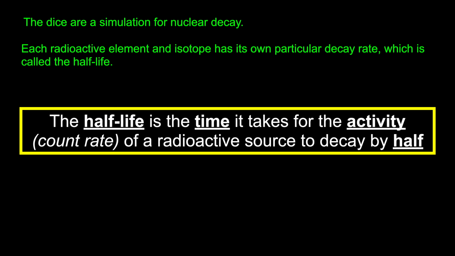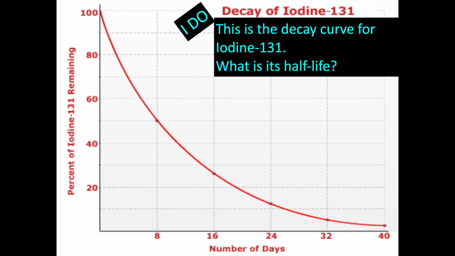Now let's relate this to our graph. So let's calculate the half-life of this iodine-131 sample. The half-life is the amount of time it takes for the count rate or the activity to decay by half. So initially, our count rate is 100.